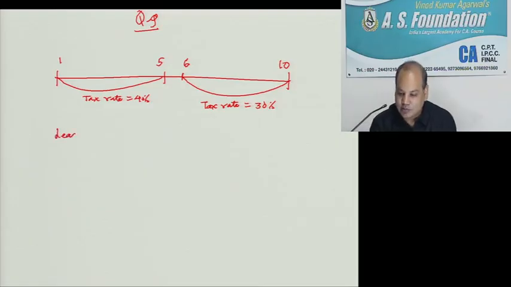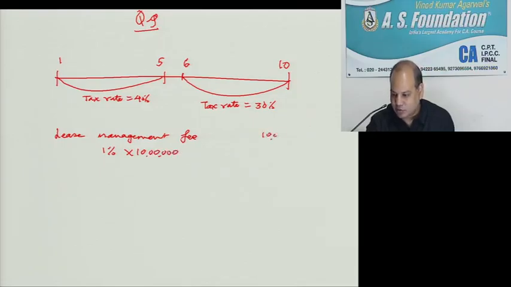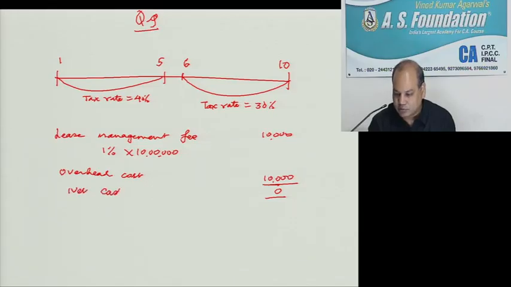So how much is lease management fees? 1% of cost of the asset, that is 1% of 10 lakh. How much is that? 10,000 rupees. To cover the overhead cost relating to processing of the proposal, overhead cost will also be 10,000. So what is my net cash inflow? 0. So what is the use of this line? No use.